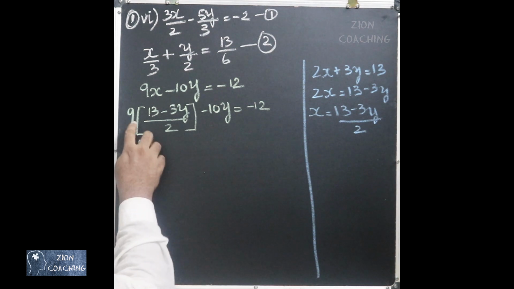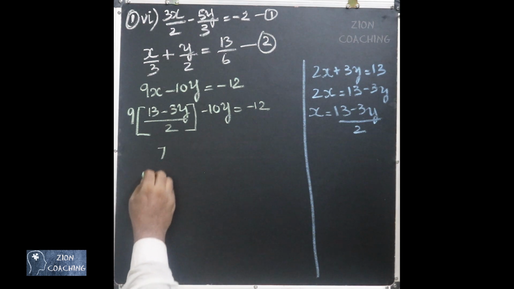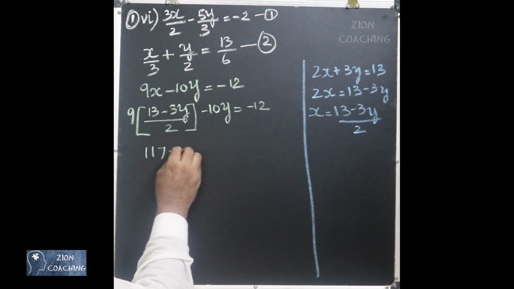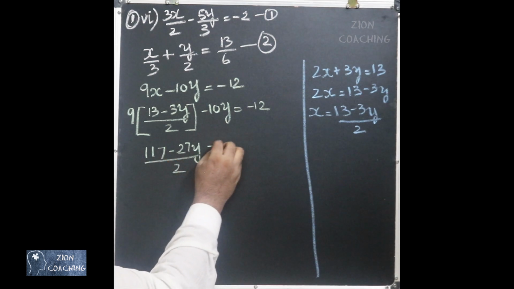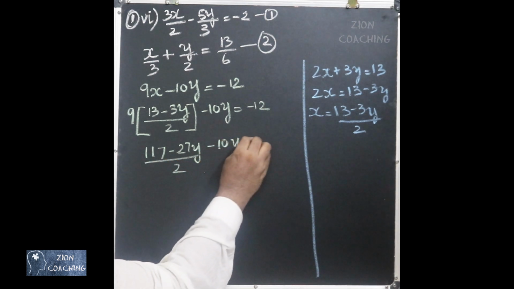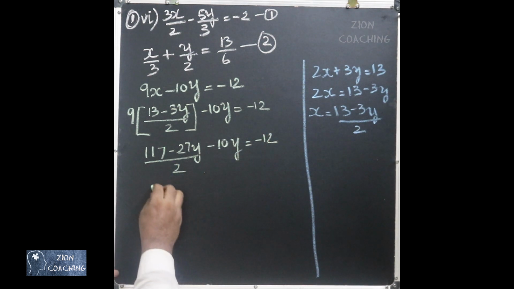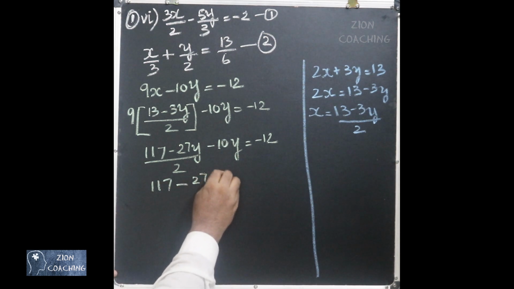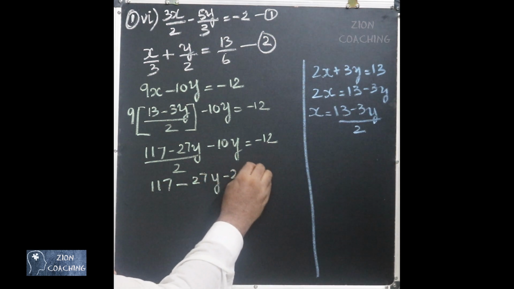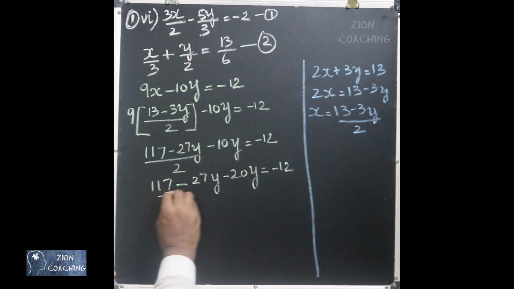So we have 9 into 13, 9 3s are 27, carry 2, then we have 117 minus 27y divided by 2 minus 10y equal to minus 12. Then taking LCM throughout, we will have 117 minus 27y minus 20y equal to minus 12 divided by 2.